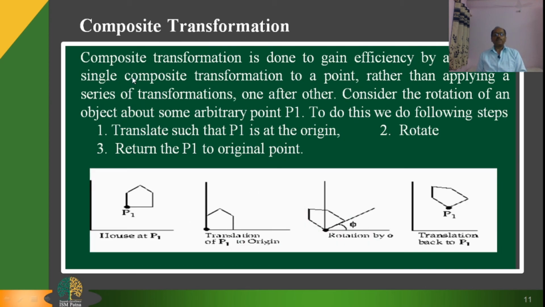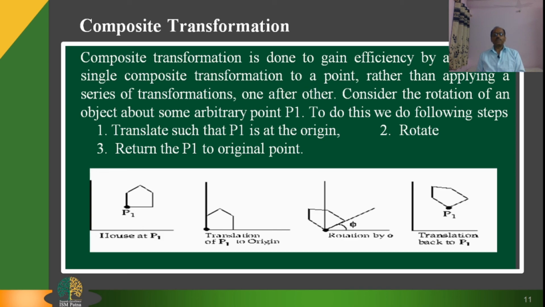So, the final one, which is composite transformation. We have seen a series of transformations like translation, scaling, shearing, but all these may be done in the form of composite transformation.